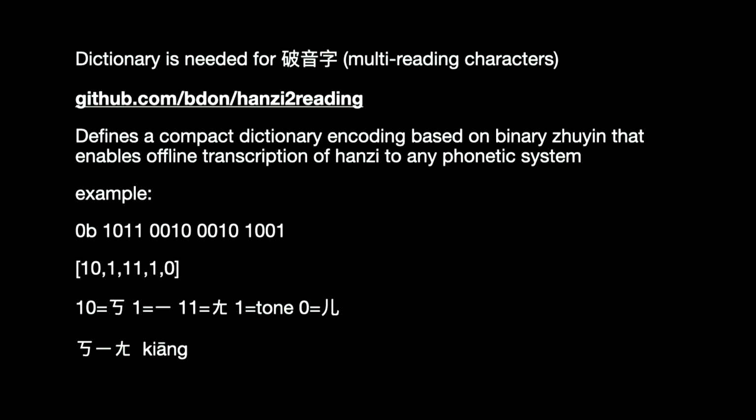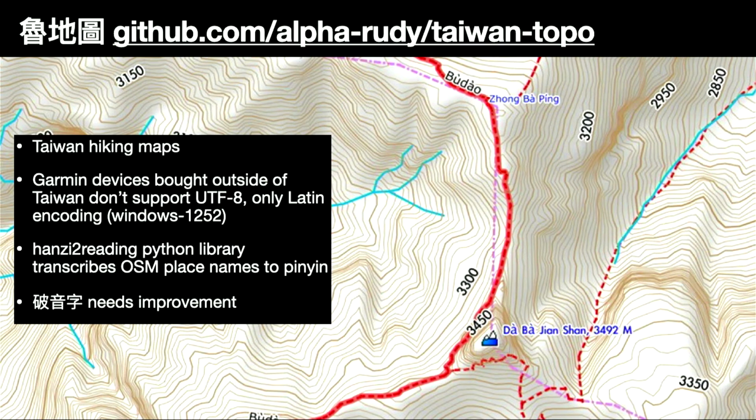It's very much a work in progress, but even things like Luditu, which is the hiking maps. I think there was a GitHub issue where they discovered that if you buy a Garmin device outside of Asia, it will not support Unicode. It only supports the Latin code page.